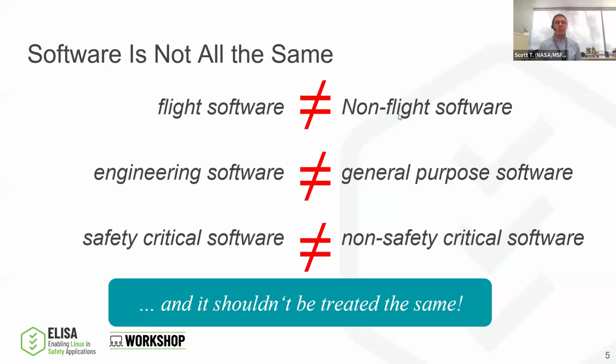Engineering software is different than our general purpose software. One of the areas that we'll often look at is, hey, we're trying to do a bunch of calculations. Well, that's engineering software. It's not our general purpose software sitting on the open internet, able to get pinged by anyone that feels like it. So again, we're walking through that.